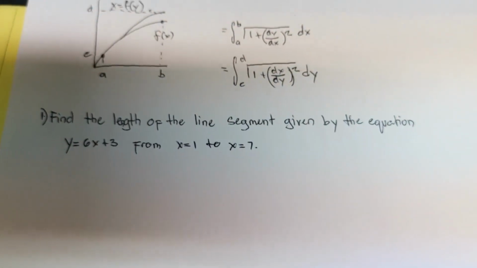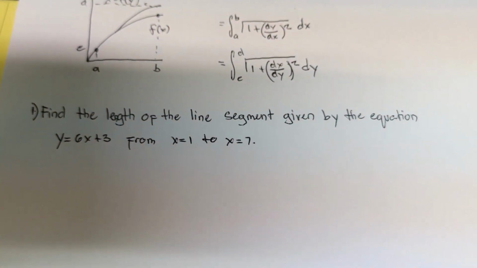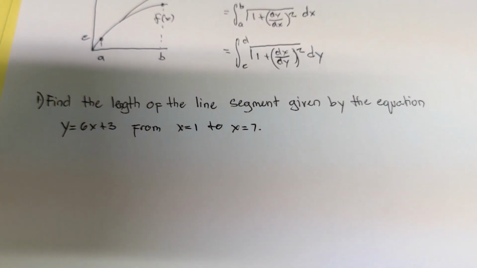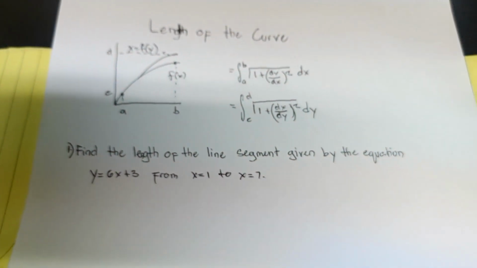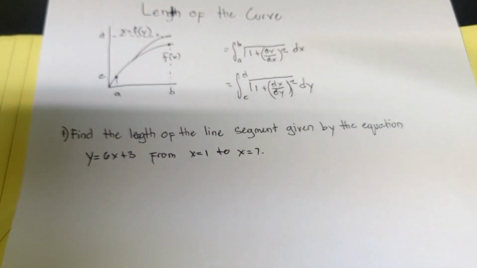Here we have: find the length of the line segment given by the equation y equals 6x plus 3 from x equals 1 to x equals 7. As you can see, we can also use this formula for the line.